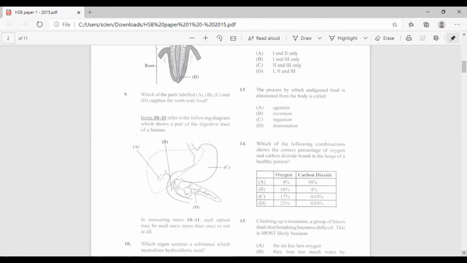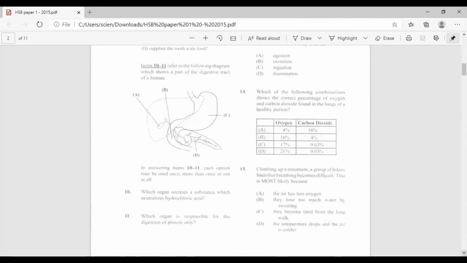No. B, 16% oxygen and 4% carbon dioxide. C, 17% oxygen and 0.03% carbon dioxide. And then D, 21% oxygen and 0.03% carbon dioxide. The answer would be D, 21% oxygen and 0.03% carbon dioxide.